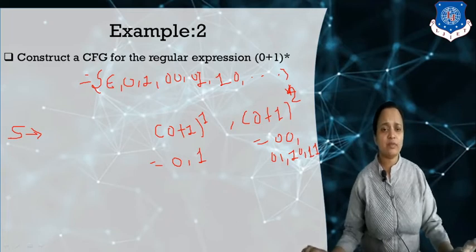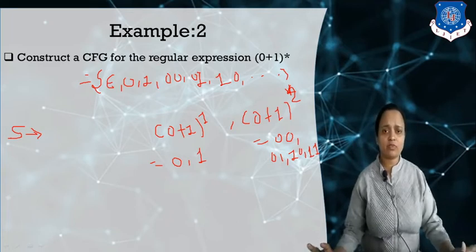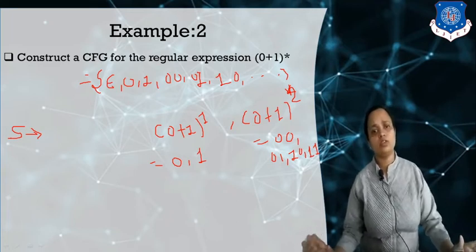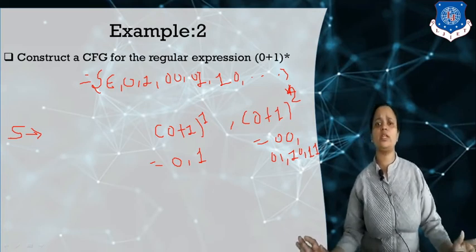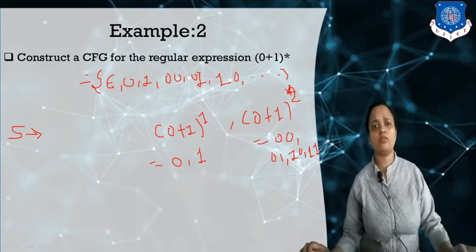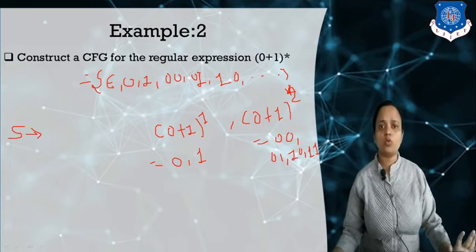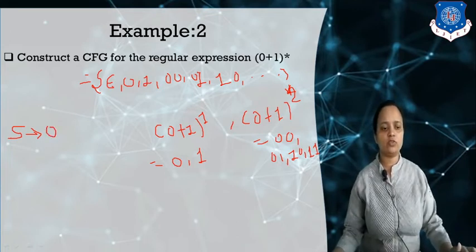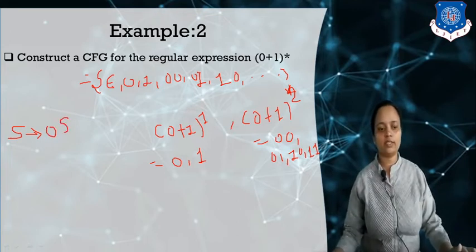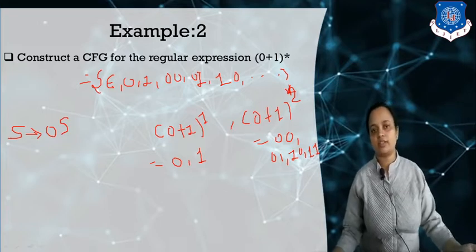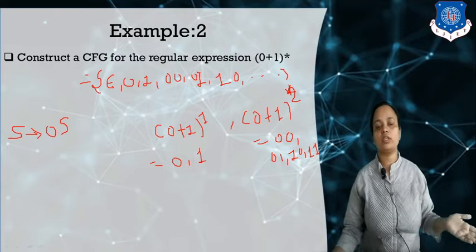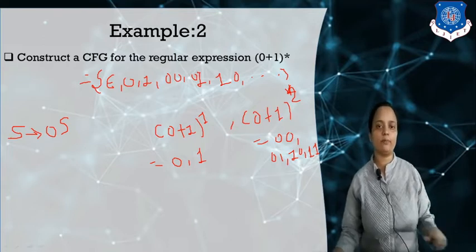Any order is allowed, either 1 appears before 0 or 0 appears before 1. There is no fixed order, but 0 or 1 is repeated. So for the repetition, I can write 0 is repeated, 0S. So this term is given to me, 0 star, 0 is repeated any number of times. You can use this production for repeating the 0.